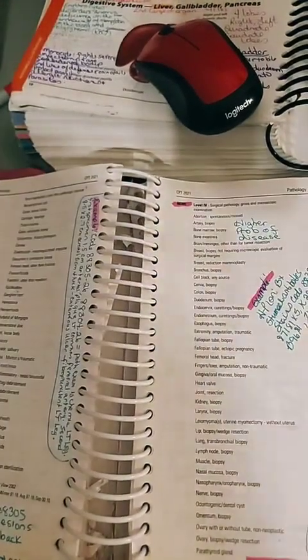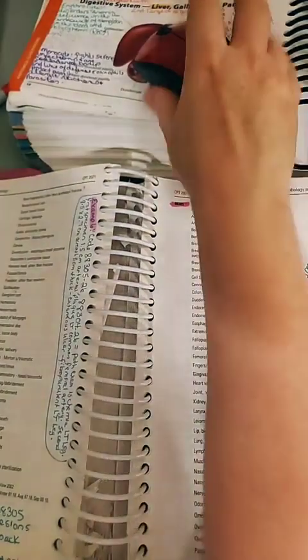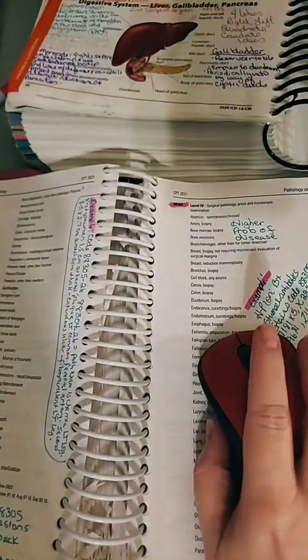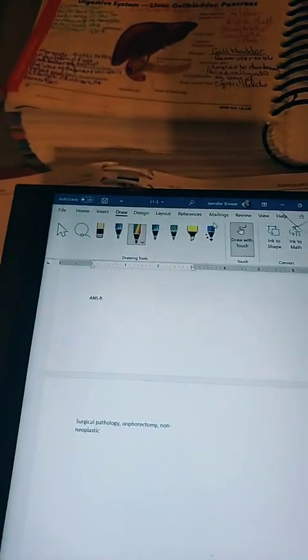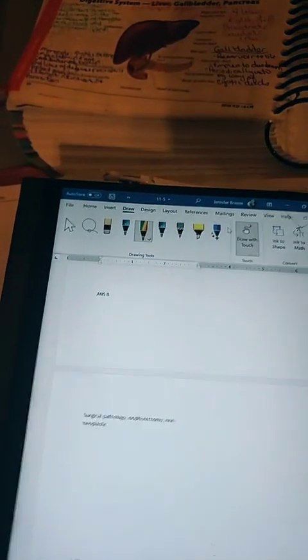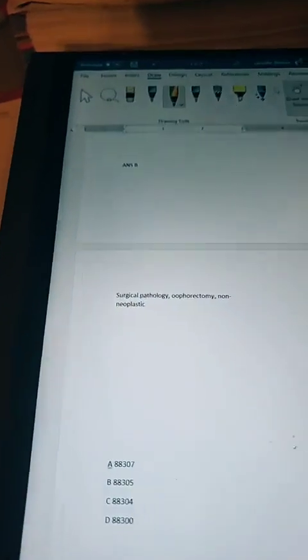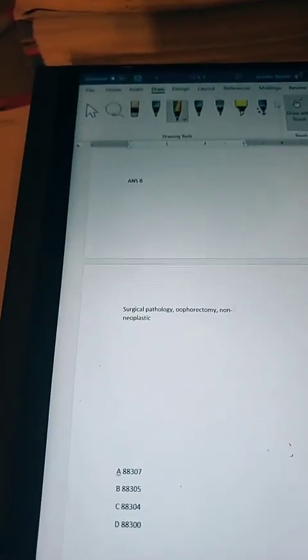So my question for today on this section is that they did an oophorectomy. Okay? An oophorectomy. Which answer would be correct for that one?